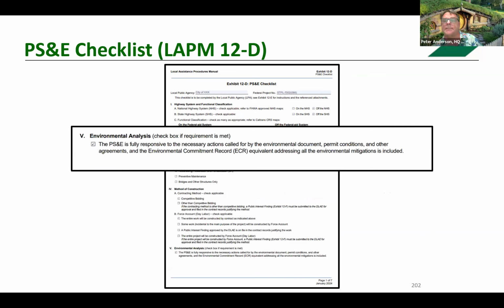Environmental analysis. You have to make sure the PS&E must reflect the findings of the environmental analysis performed for the project. And of course, by checking this box, the agency certifies that the necessary actions called for from the environmental document have been responded to in the PS&E package.